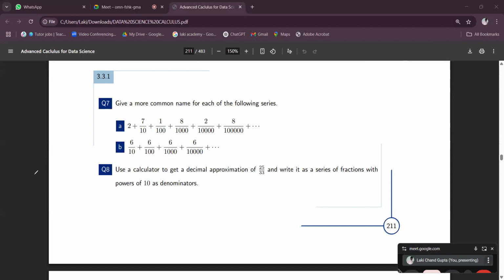So you can see, first see the common terms.